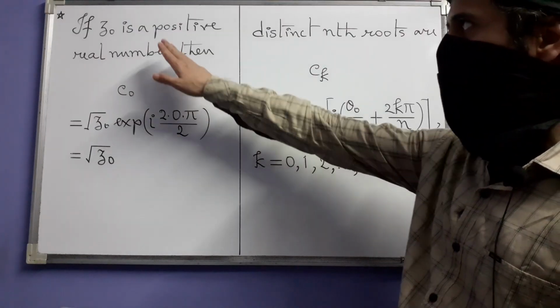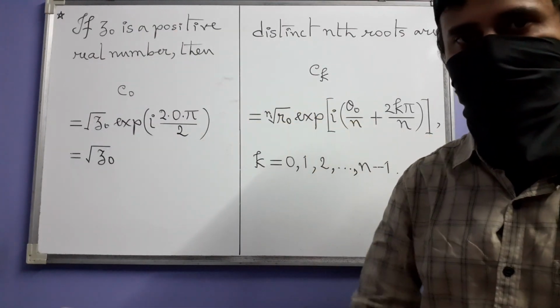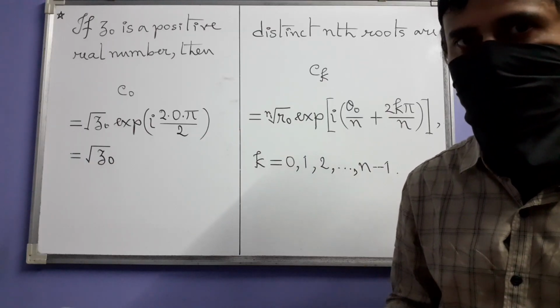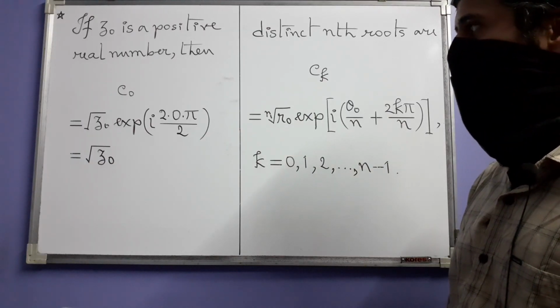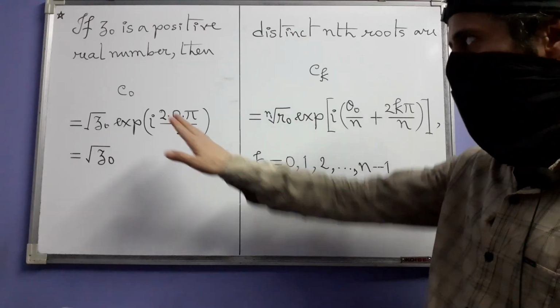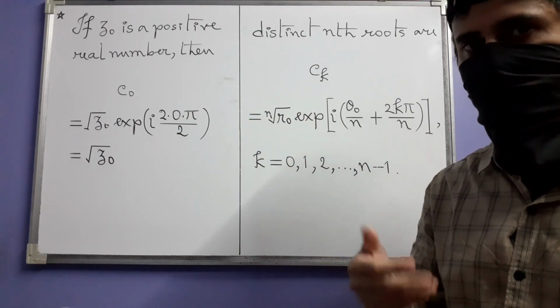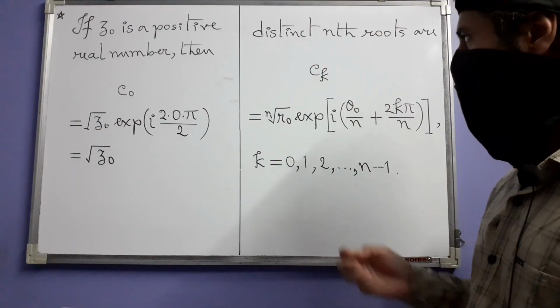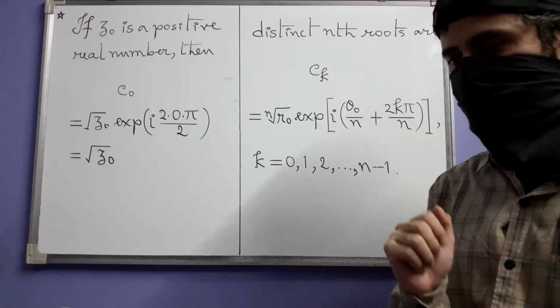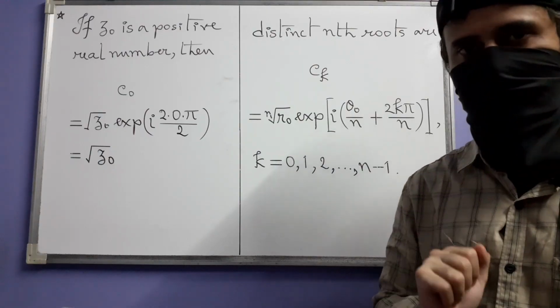Suppose we consider a positive real number z0. Okay, that's one candidate for z0. Then if our n is 2, I forgot to write that here, but if n is 2, then we are seeking square roots of z0. Because of this observation, there will be precisely 2 square roots.